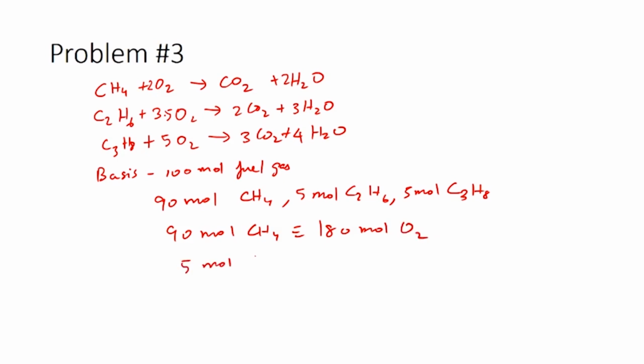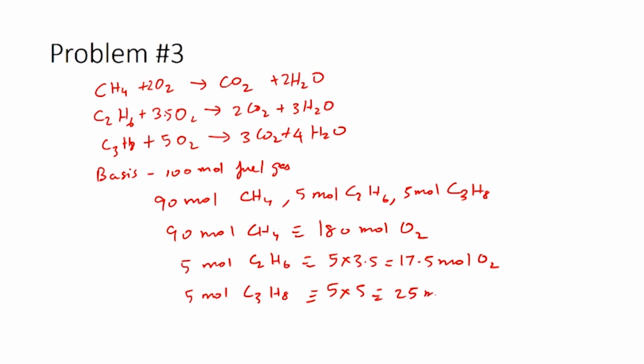5 moles of ethane would require 5 times 3.5, which is 17.5 moles of oxygen, and 5 moles of propane requires 5 times 5, which is 25 moles of oxygen.